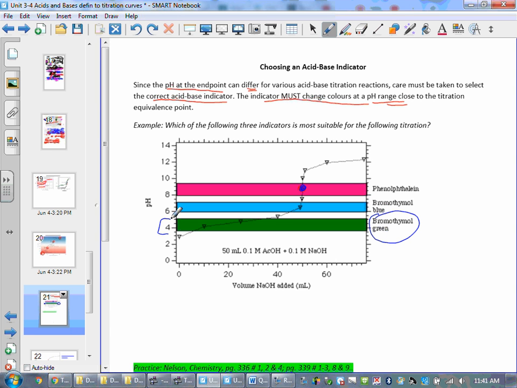So we'll get a color change that is well before our equivalence pH. So this would be a really bad indicator to get. What about bromophenol blue? Also not changing color where we want it to. A good one would be phenolphthalein. Does that make sense?